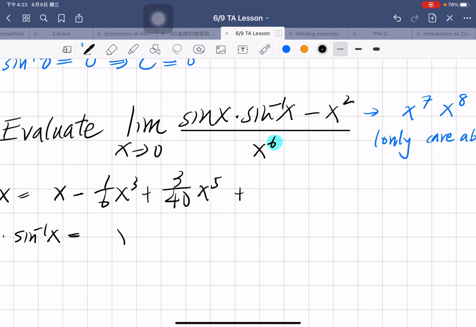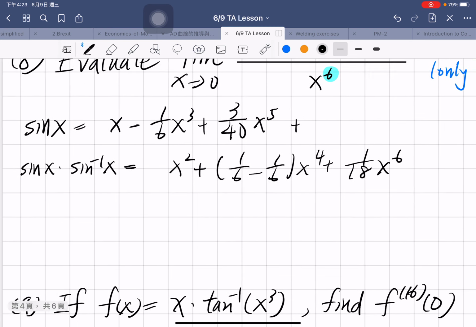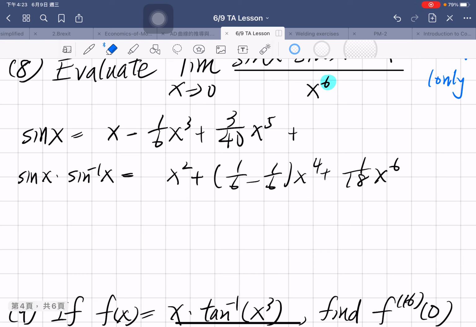You'll get x cubed and this. Okay, so now we know the sine x times arcsine x will be this one plus some terms greater than 6.